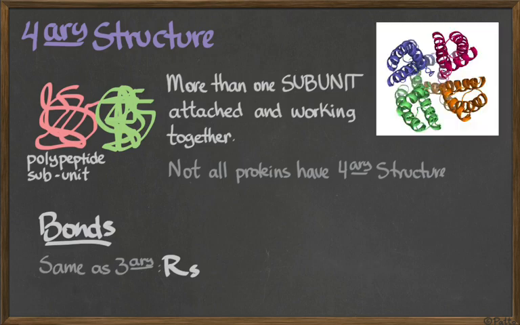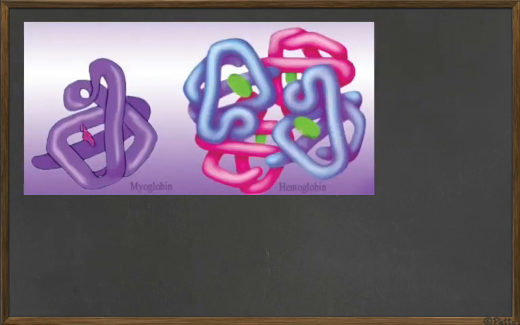Not all proteins have that, so let me show you an example. We have on the left myoglobin. This is a protein that's capable of storing oxygen in muscle. And on the right, we have hemoglobin, a protein that holds and carries oxygen in blood, in the red blood cells. Myoglobin is made of one subunit, so it has only tertiary structure.